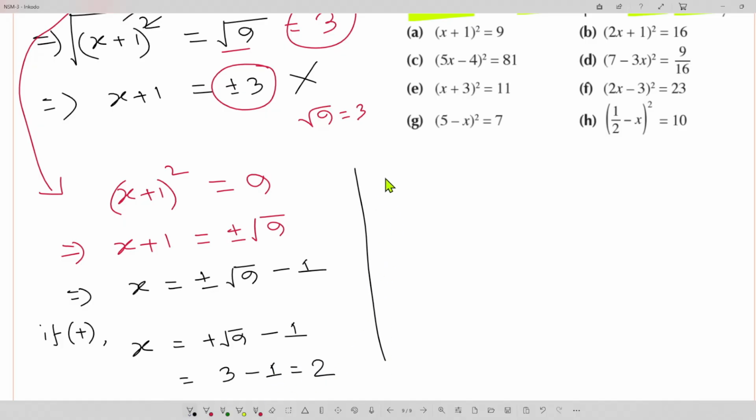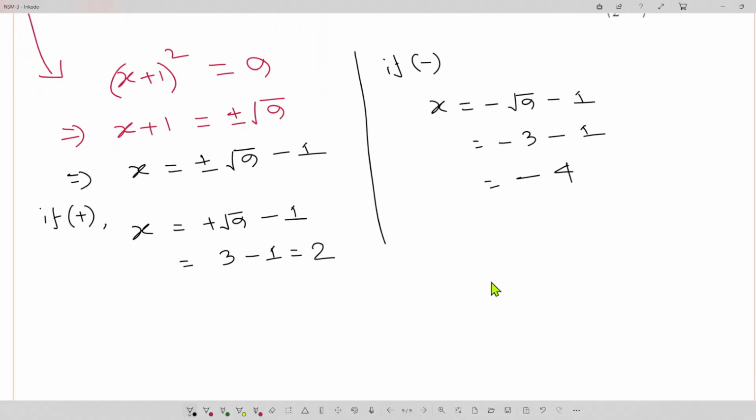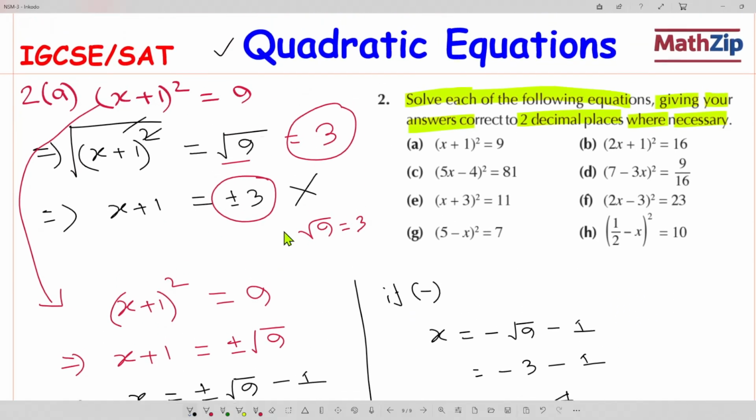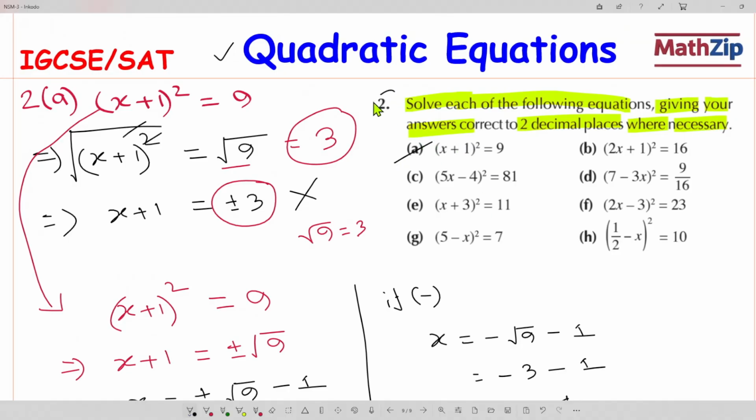Same if negative, x equals minus root 9 minus 1, minus 3 minus 1, so the answer is minus 4. So for this equation, our answer is x equals either minus 4 or 2. Okay, so very simple. So number A of 2 is done.